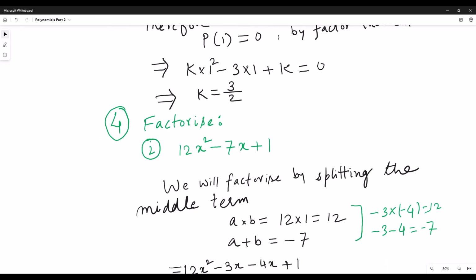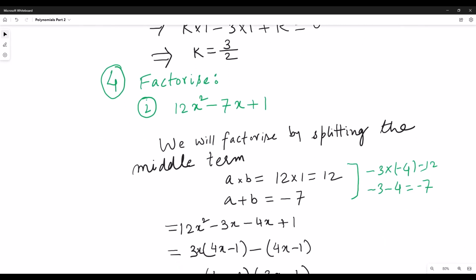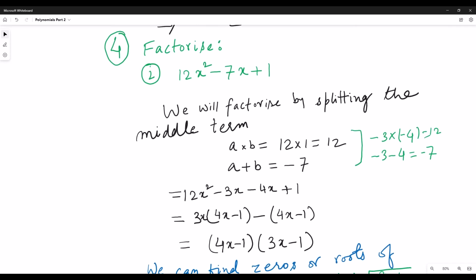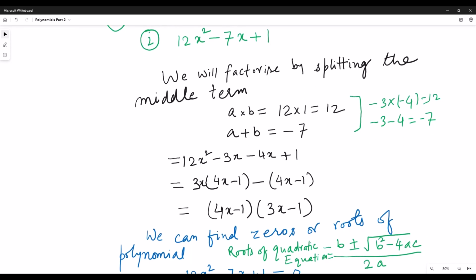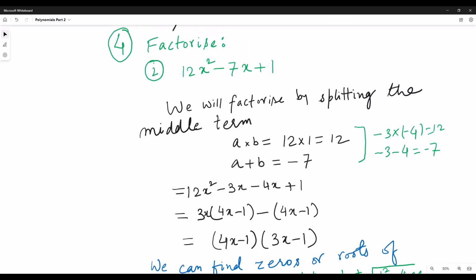Factorize 12x square minus 7x plus 1. We will factorize by splitting the middle term, right? Factorizing by splitting the middle term will be easier here, and you must have read in earlier classes how to factorize it.